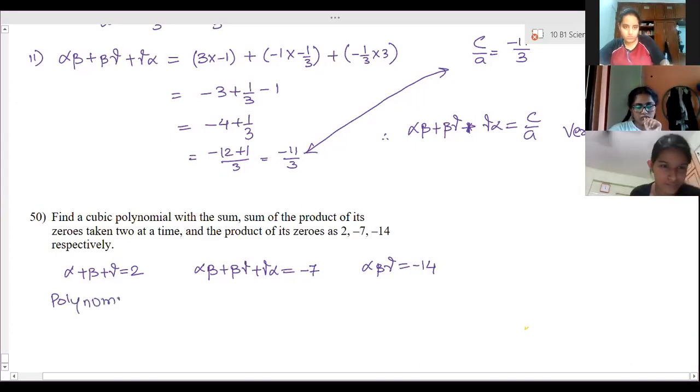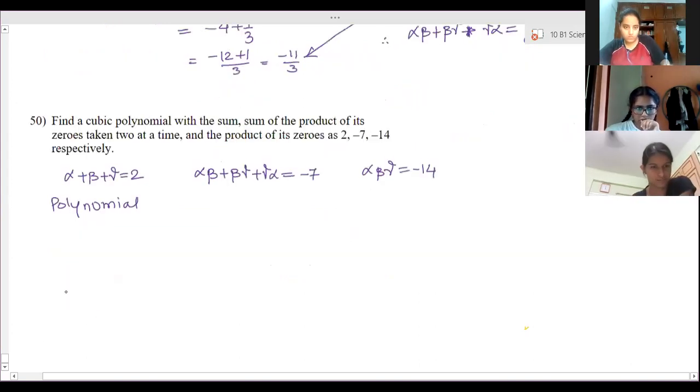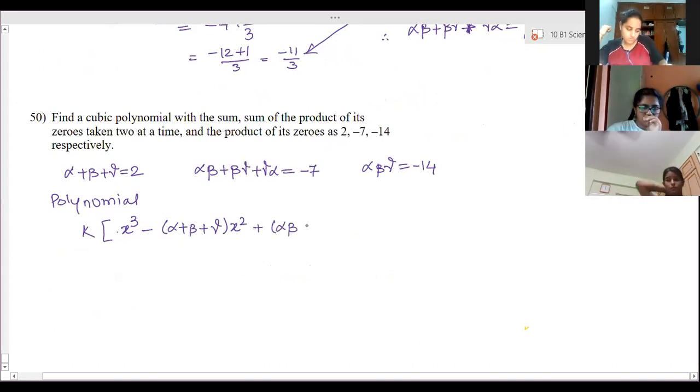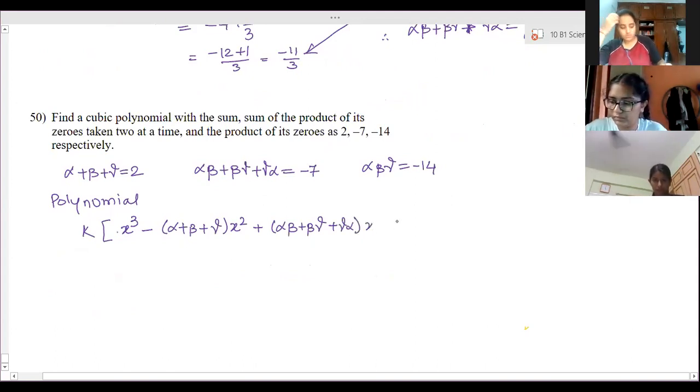So for the polynomial, I have given you the format. It will be k in bracket x cube minus, this is plus, so second one is minus, sum alpha plus beta plus gamma into x square plus alpha beta plus beta gamma plus gamma alpha into x, then minus alpha beta gamma.